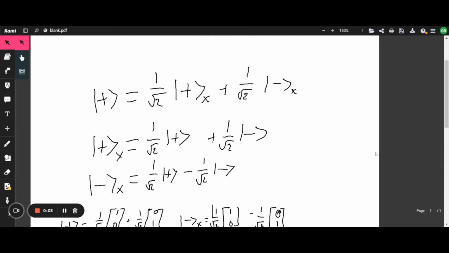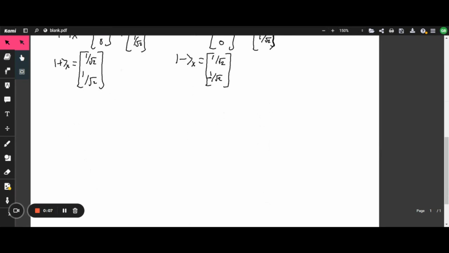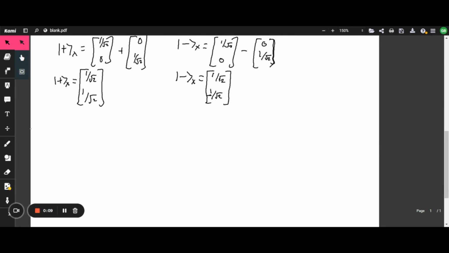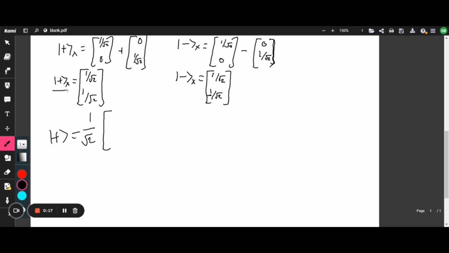So continuing, we have spin up in the z direction as 1 over square root of 2 times spin up in the x direction, so 1 over square root of 2, 1 over square root of 2, plus 1 over square root of 2 times spin down in the x direction.